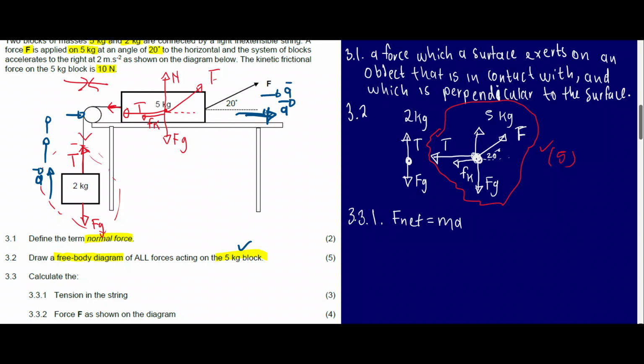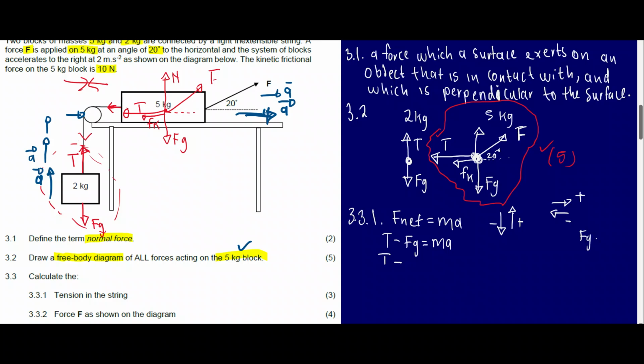So we're going to take the direction of motion as positive: upward as positive, and to the right as positive, and the opposite direction as negative. Should we do that, we would have the tension subtracting the gravitational force, equal to MA.